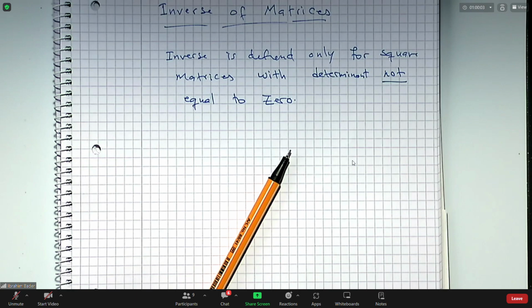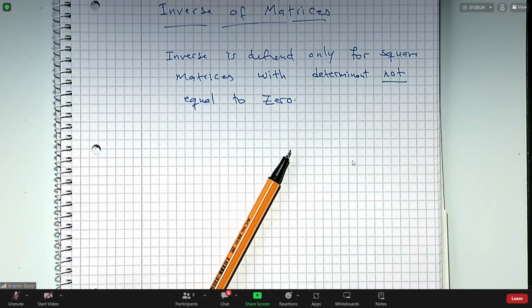Now, evaluating the inverse of a matrix gets a little bit more tedious and complicated if we talk about higher dimensional matrices.